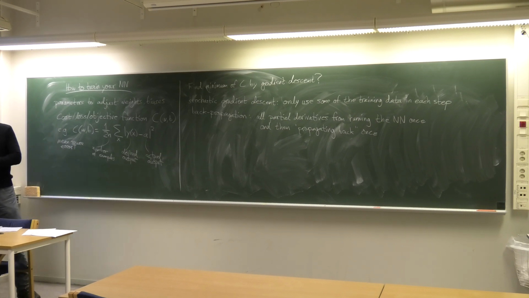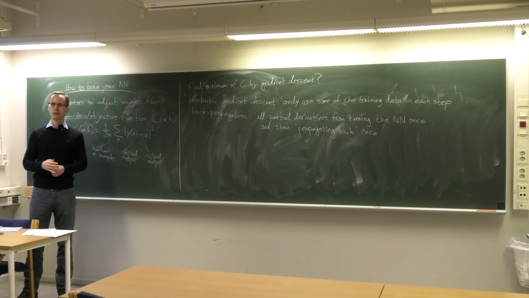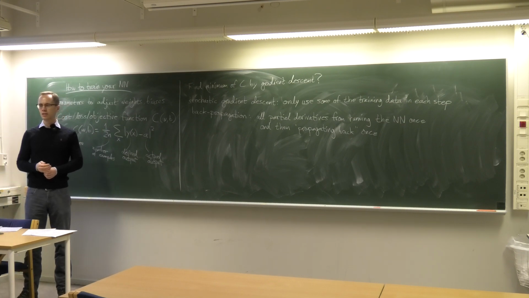There is a book by Michael Nielsen, the same Michael Nielsen as in Nielsen and Chuang, the quantum information textbook. Michael Nielsen has written an online short introduction to machine learning. I think you just Google Michael Nielsen machine learning and you will find it.